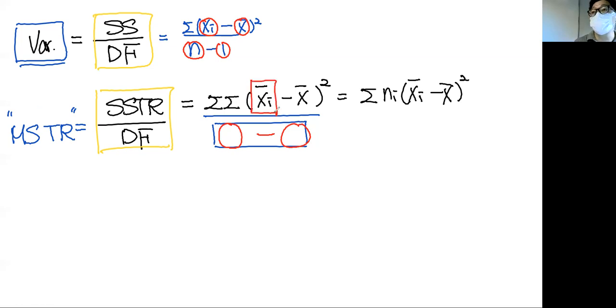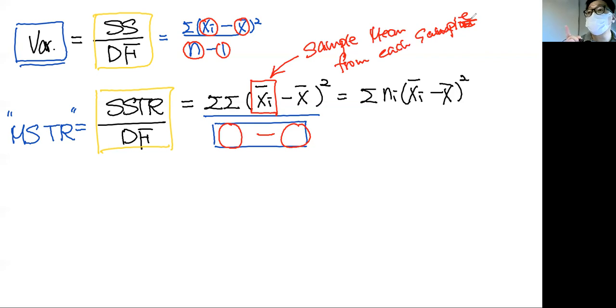Now, xi bar is the sample mean from each sample. What was the notation for the number of samples? K. The index i goes from 1 to K, so K is the number of samples, and we take the sample mean from each.